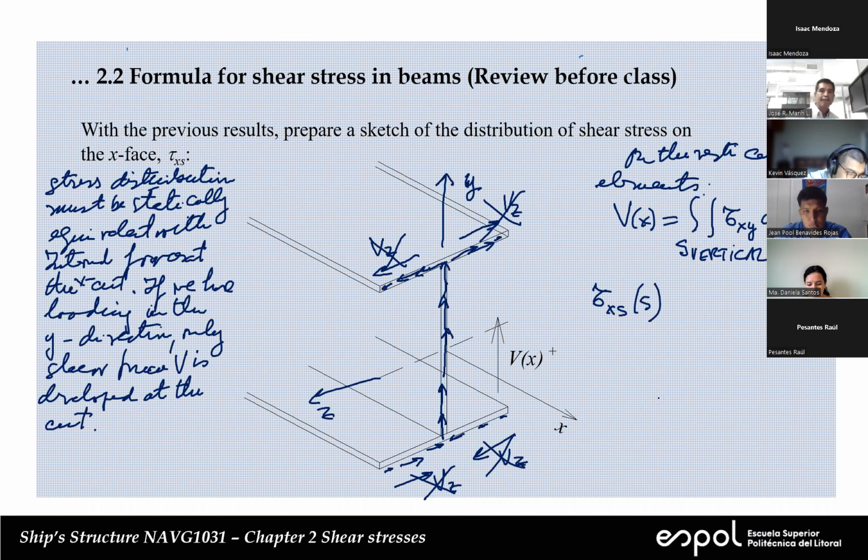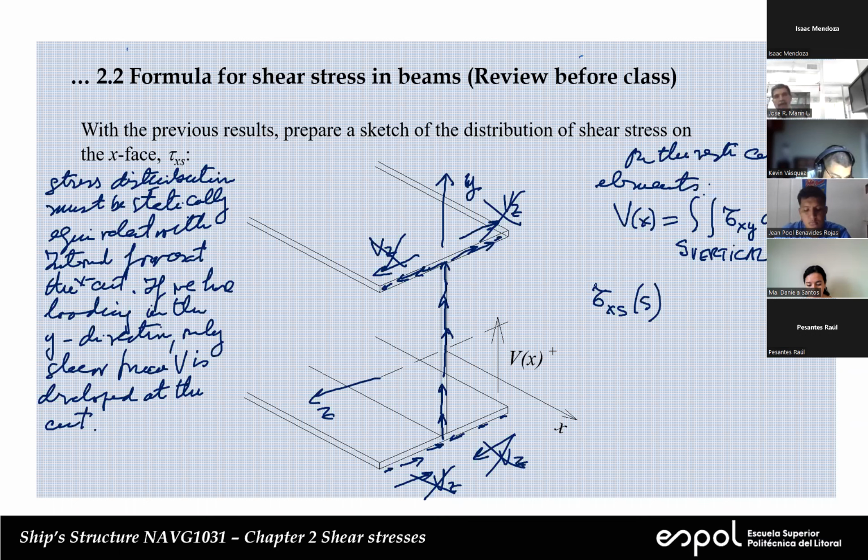So you multiply tau xy, integrated, multiplying by the differential area, so you get a vertical force, elementary vertical force. If you integrate it on the vertical elements, you have to recuperate the shear force, okay?